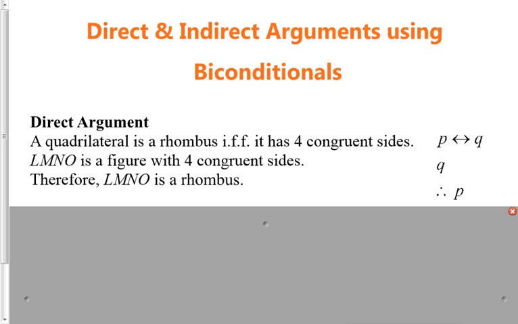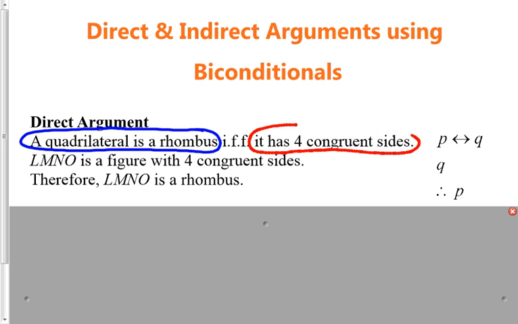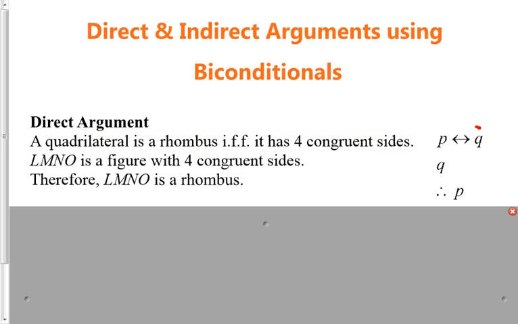Well, we're going to break this biconditional statement down into P and Q. So we have the first part here that we would call statement P, and we have the second part here that we would call statement Q. Now, using notation, we represent the biconditional P if and only if Q. We use the double arrow to show that a biconditional statement has to work both ways. If P then Q, and if Q then P.